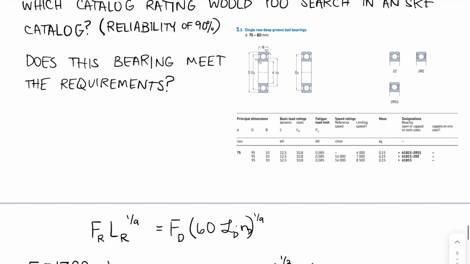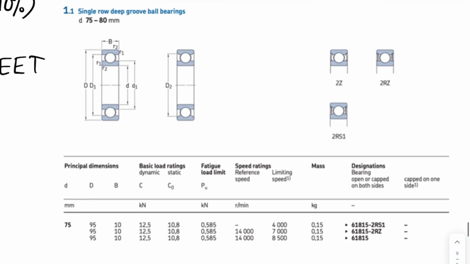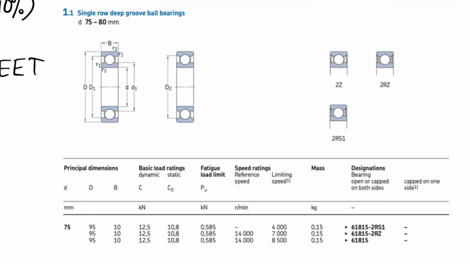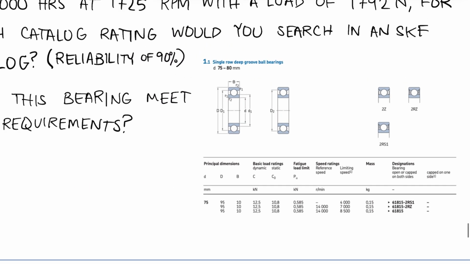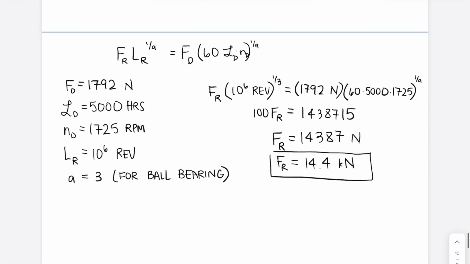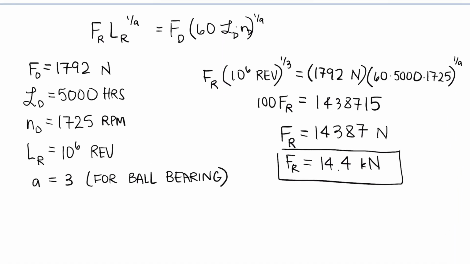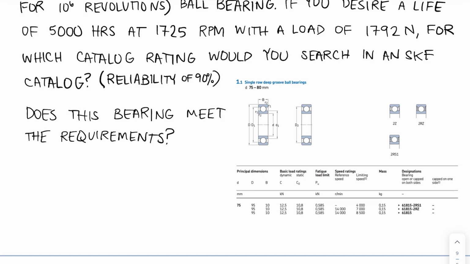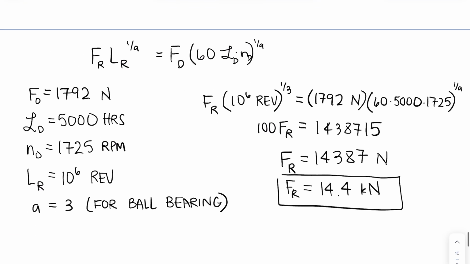Now going up to this section of the catalog for this particular ball bearing that we are examining, we need to look at the basic load rating, and we're looking at the dynamic load rating here. So looking for this particular bearing, we have a dynamic load rating of 12.5 kilonewtons. If we go back to what we're solving for down here, we got 14.4 kilonewtons. So this particular ball bearing is not going to meet the requirements. We're going to need a higher load rating for this particular application.